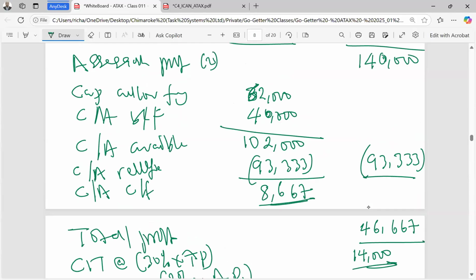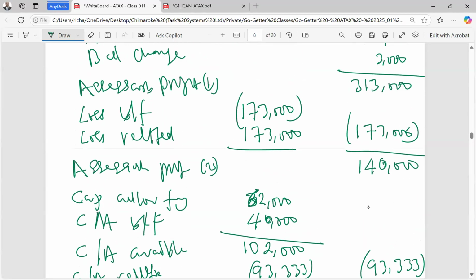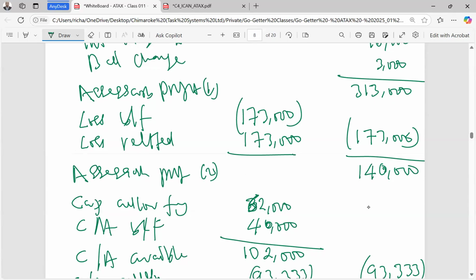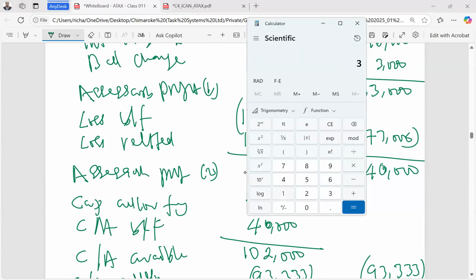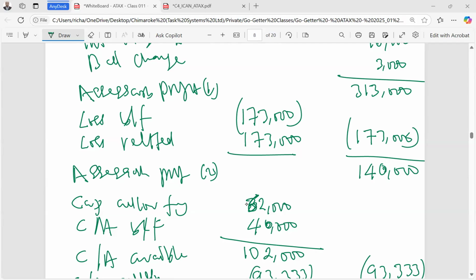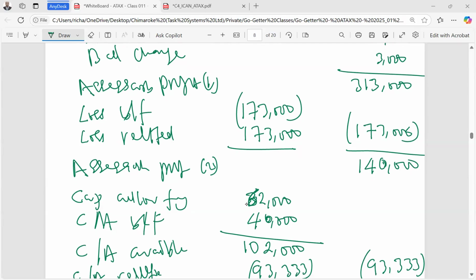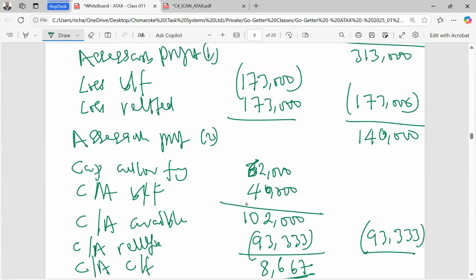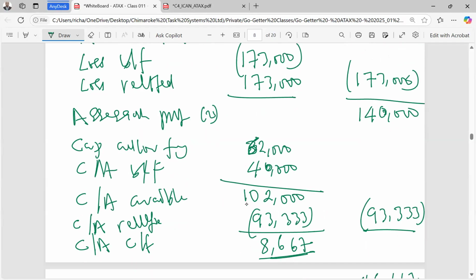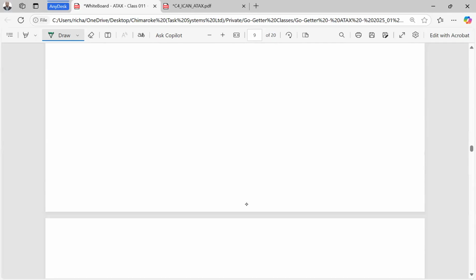Our accessible profit one was 313,000. 313,000 multiplied by 0.02 gives me 6,260. So that's what I'm going to use, 6,260.